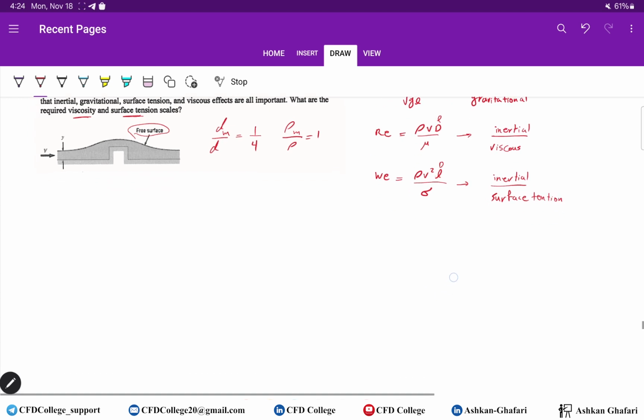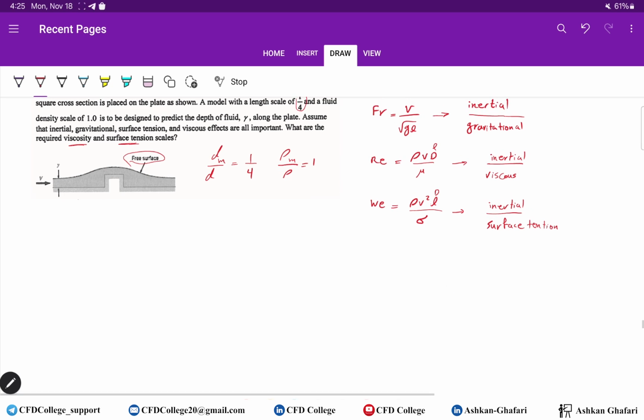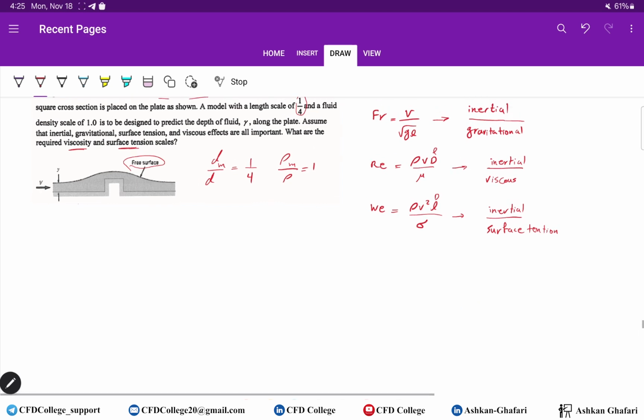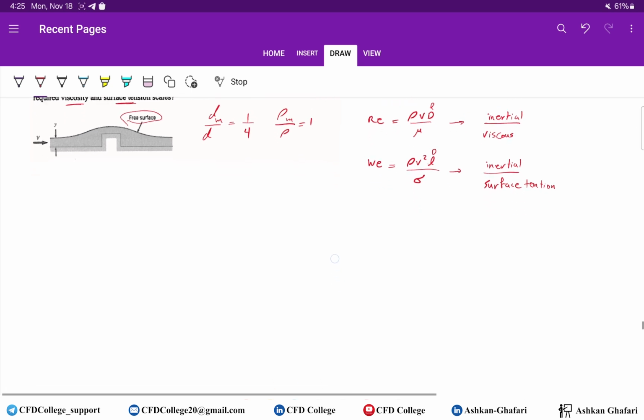So we should maintain similarity. We should be sure of maintaining similarity for these three dimensionless numbers. Let's start with the Froude number.